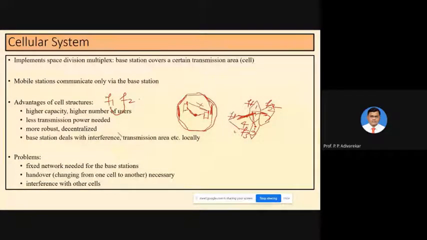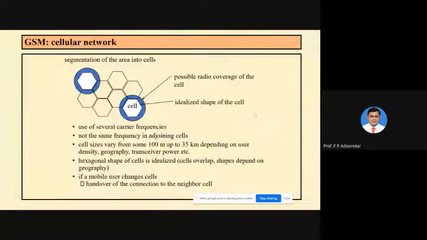So the users in cell number 4 as well as users in cell number 1 will face interference. If they come closer to the boundary areas, definitely the interference will be there, and that is also one problem that is faced in the cellular system.